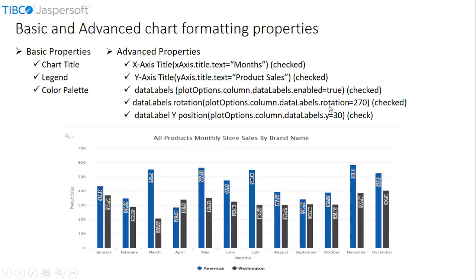And if we select rotation as 270, we can see the labels go vertically instead of displaying horizontally. And if we give the data labels y option as 30, we can see the labels go inside each of the bars. So this is how we can create a series level column chart.